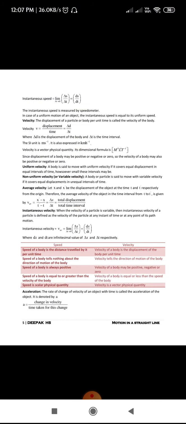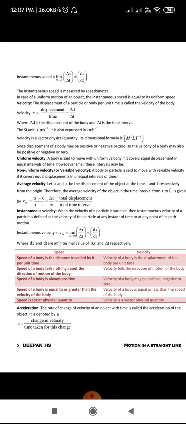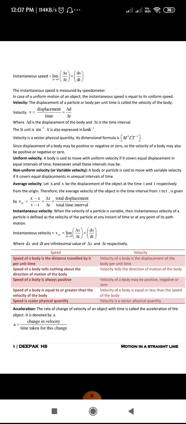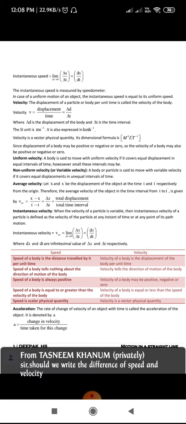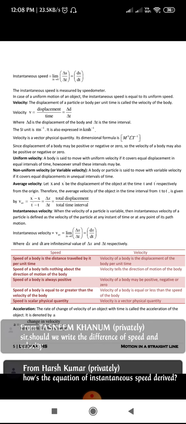So how are we going to define the velocity? Velocity is nothing but the displacement of a particle or body per unit time. So velocity v is equal to displacement by time, that is displacement delta d in a time interval of delta t.